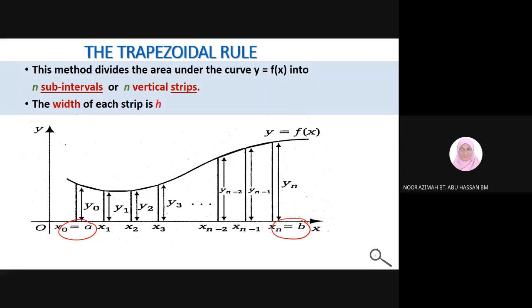What do we call this? The vertical stripe is also known as a subinterval. So subinterval sama maksudnya dengan vertical stripes. So n is stripes or subinterval.